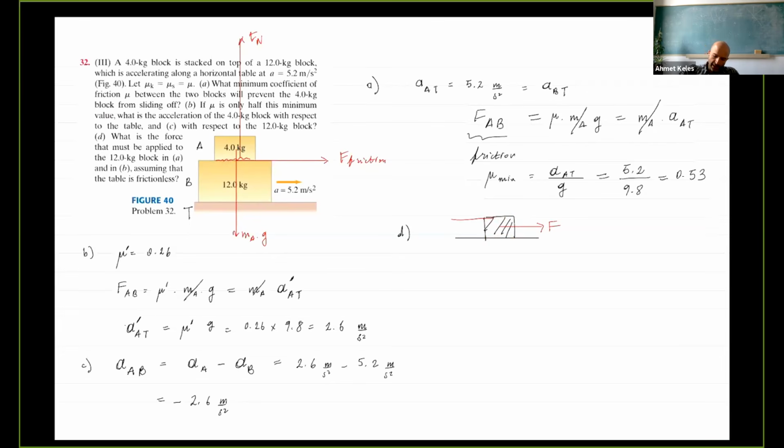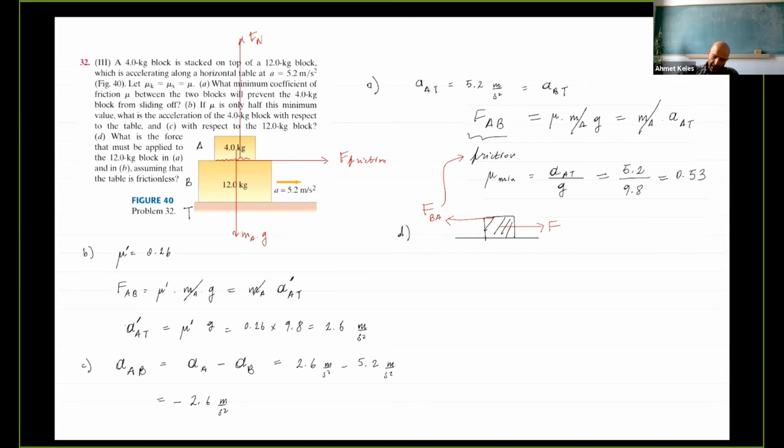And the force here is in the opposite direction. Maybe I can call this force on B by A. This is also due to friction. So F_BA and F_AB are Newton's third law pairs, because it's in the opposite direction with respect to B. That's why it's minus. Right?